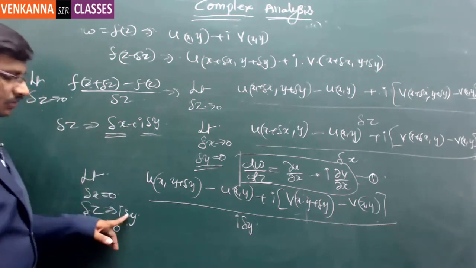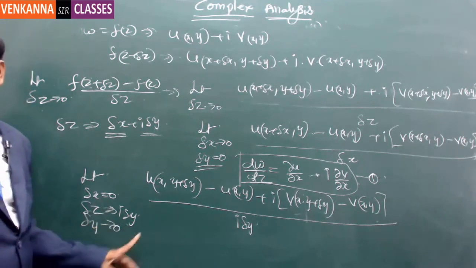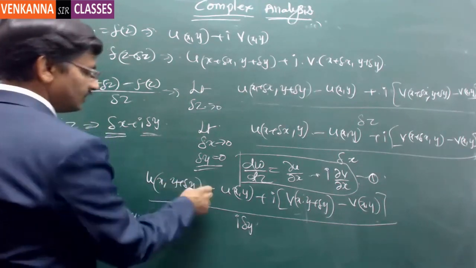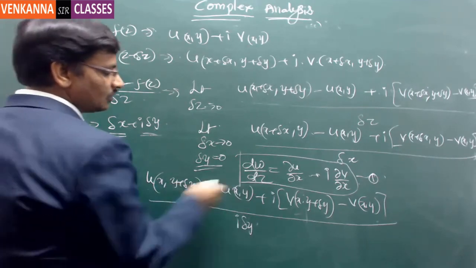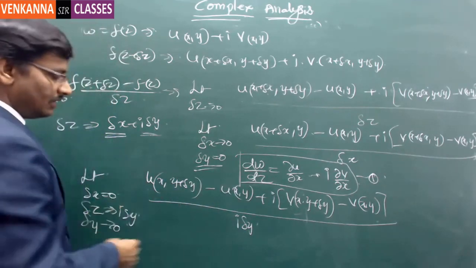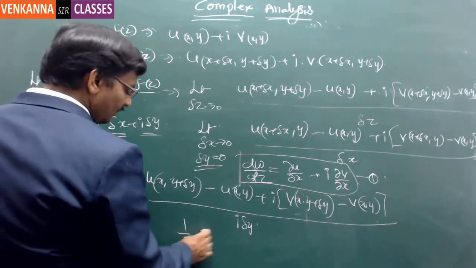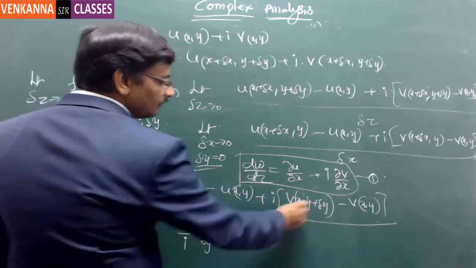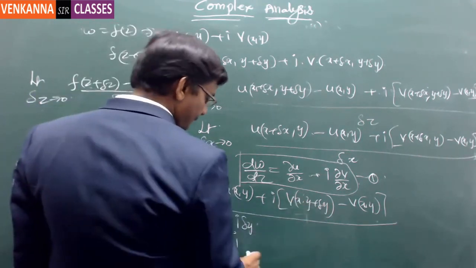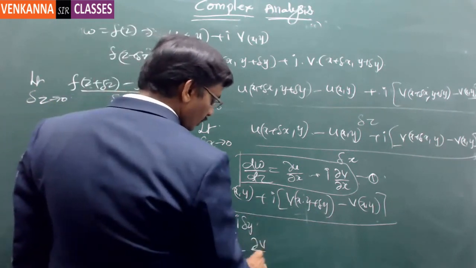So delta z is equal to I delta y, delta x is equal to 0 and delta y tending to 0. Now if you put it here, this is u of x comma y plus delta y minus u of x comma y divided by I delta y and delta y tending to 0, which means this is 1 by I times of dou u by dou y plus I times of dou v by I times of dou v by dou y.